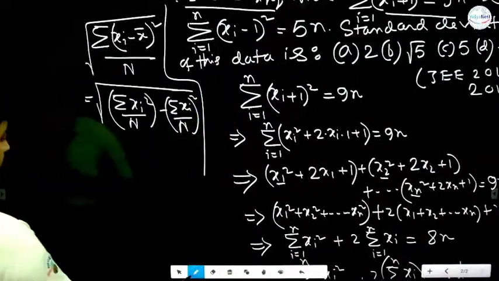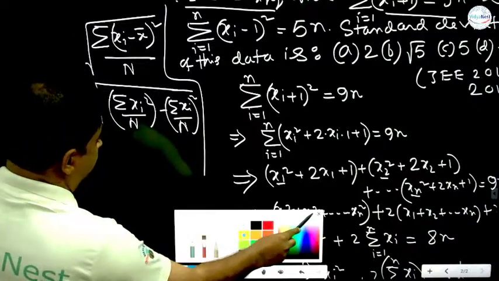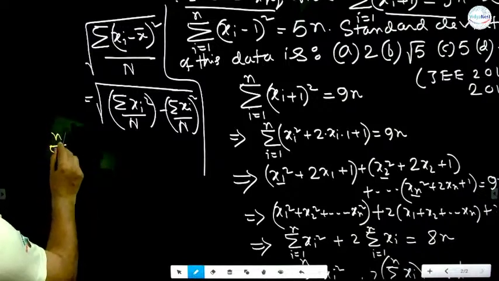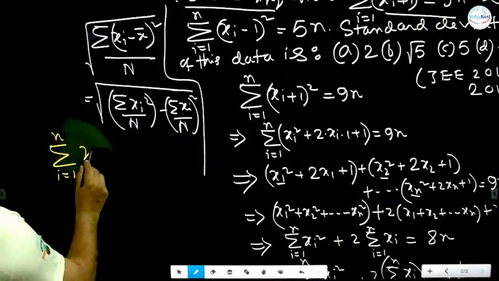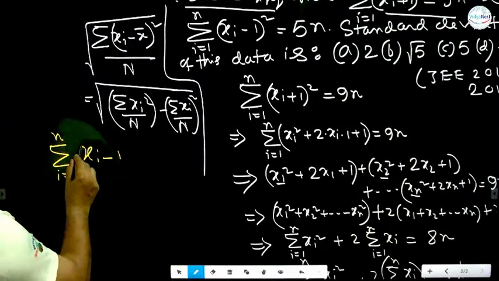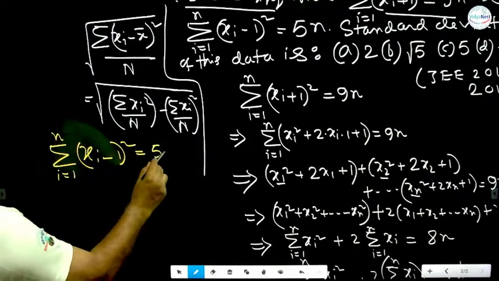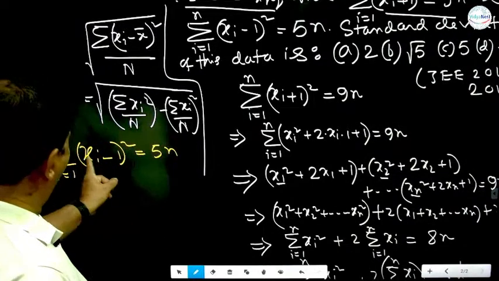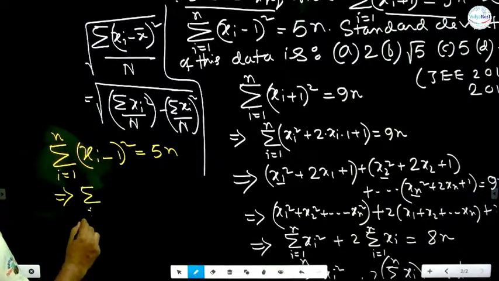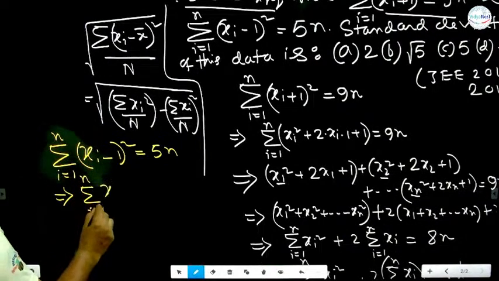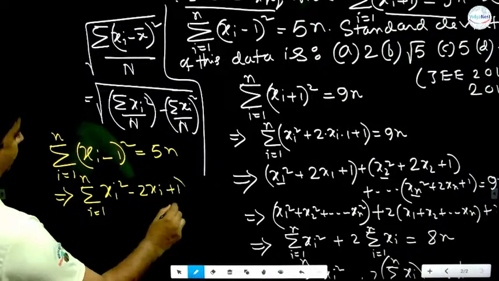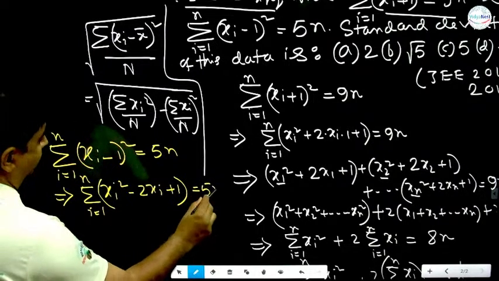Now you expand it: xi square minus 2xi plus 1 is equal to 5n.